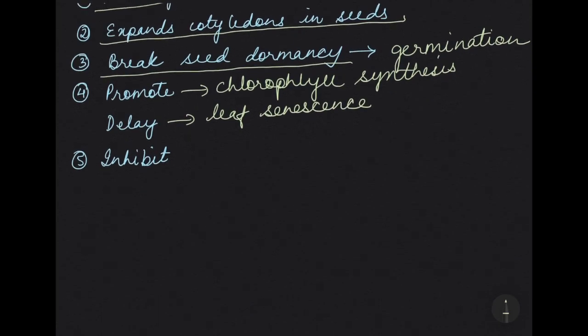And it inhibits apical dominance. That means it does not allow the tip of the plant to keep on growing. It inhibits apical dominance, the tip does not grow, and the axillary buds keep growing.